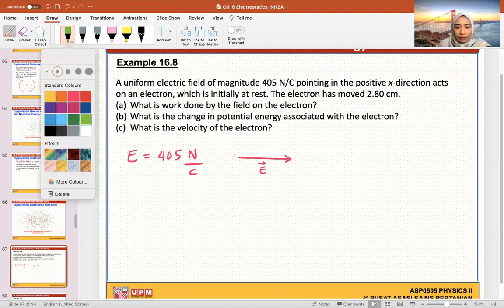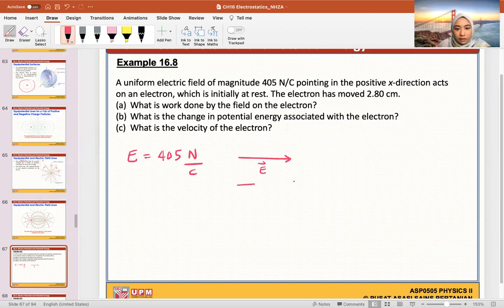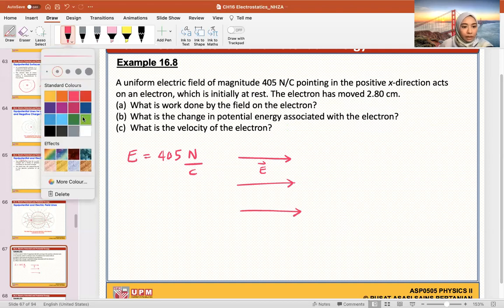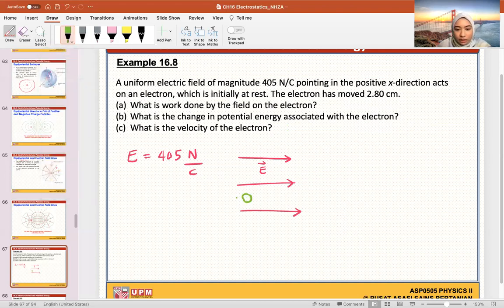So we have a negative charge somewhere. Let's assume our electric field is uniform, and our charge is a negative charge, like that.